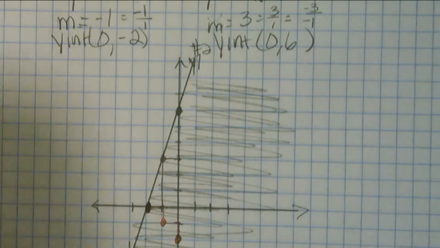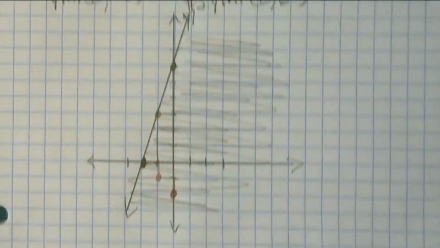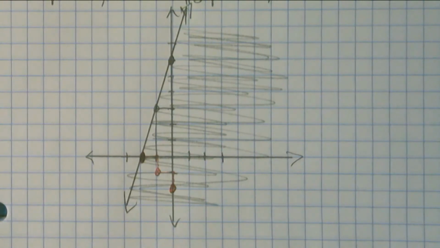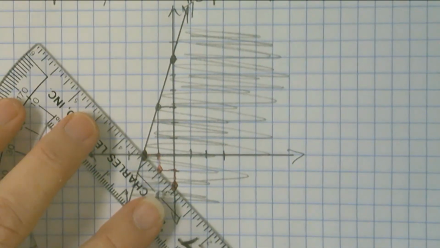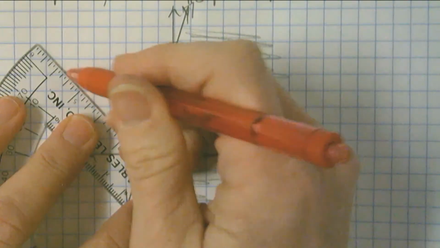On my first one, I used 1 over negative 1 to find my other points. I decided to go up. Now the first equation, that has to be a dashed line.